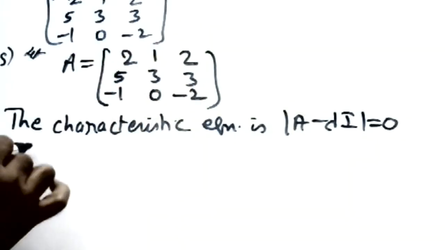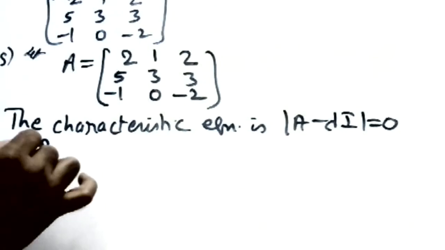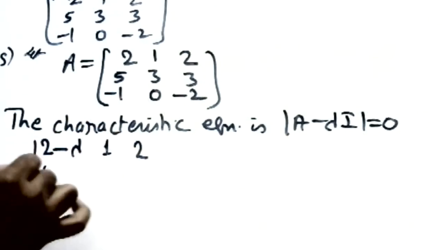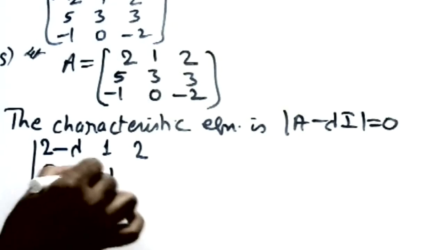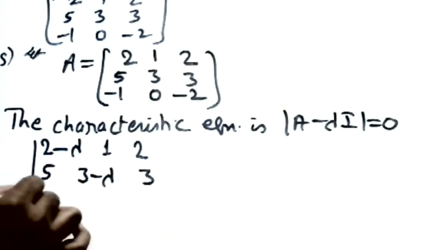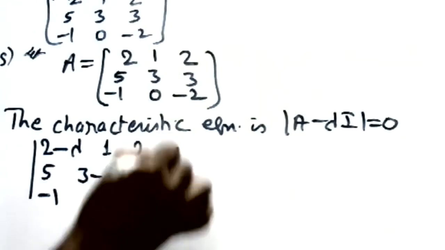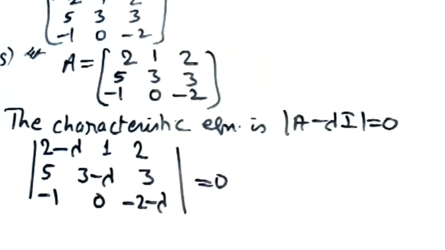You write the remaining numbers as they are. This becomes the characteristic equation: the determinant of [2 minus lambda, 1, 2; 5, 3 minus lambda, 3; minus 1, 0, minus 2 minus lambda] equals 0.